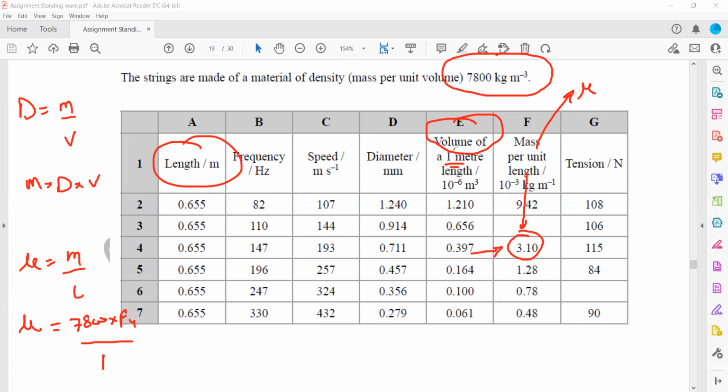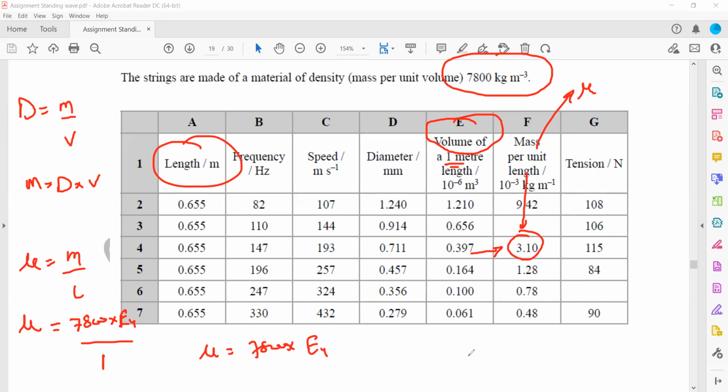So how to get the mu? So mu will be 7,800 multiplied by, sorry, E4, not F4. Multiplied by E4, we will get this mu.